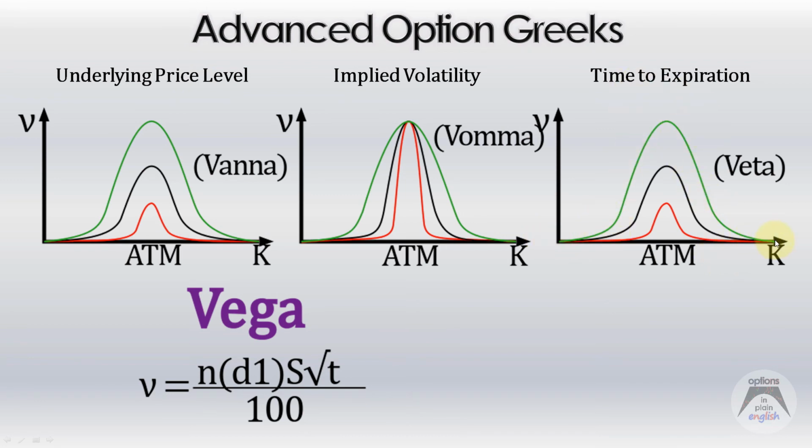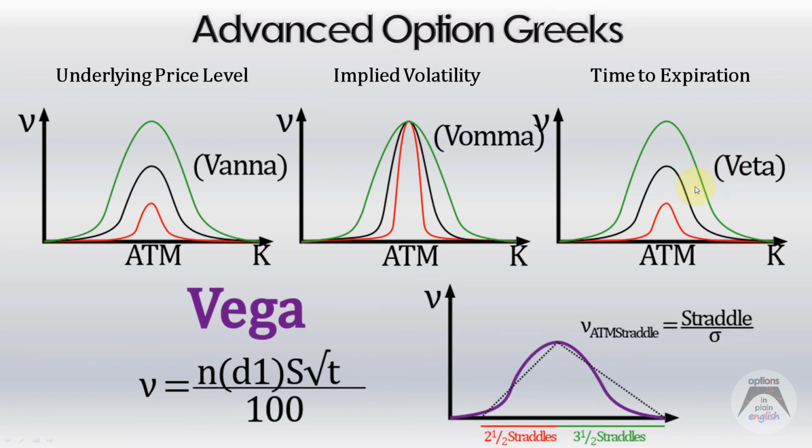That's why when you have a calendar, for example, you sell the front and you buy the back. The reason you buy the back is because it's going to have a higher Vega. And this is the graph showing you how that distribution of Vegas is based on time to expiration.